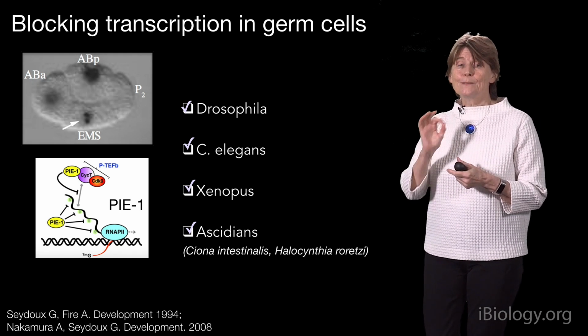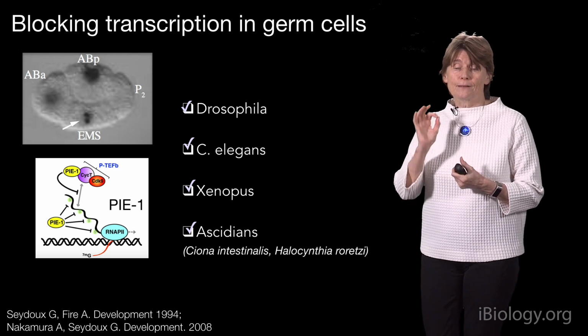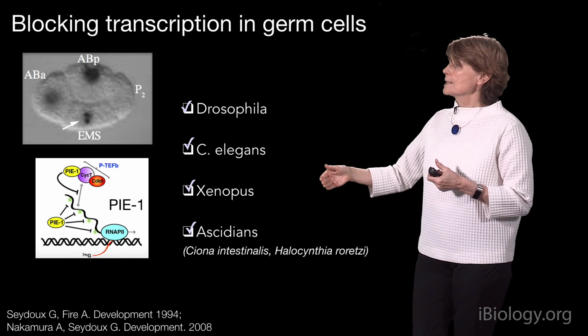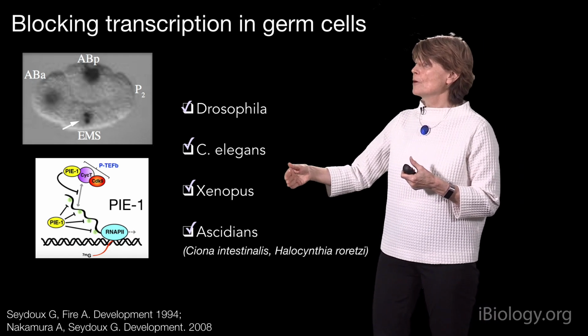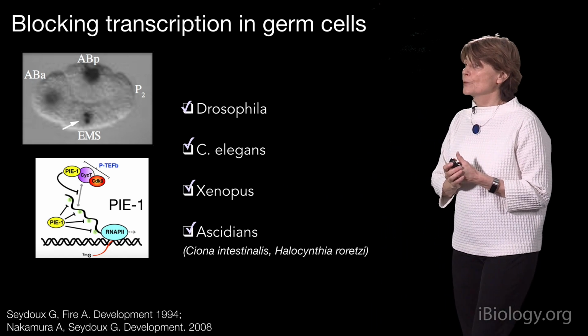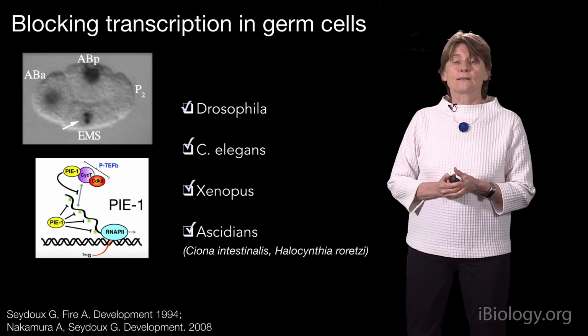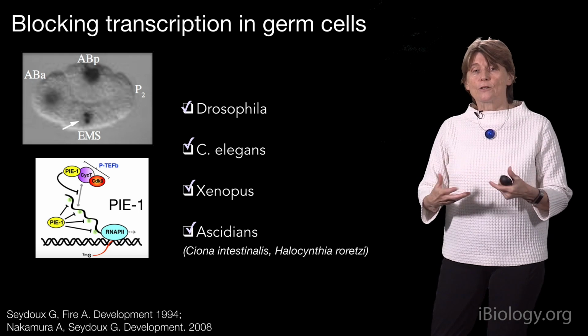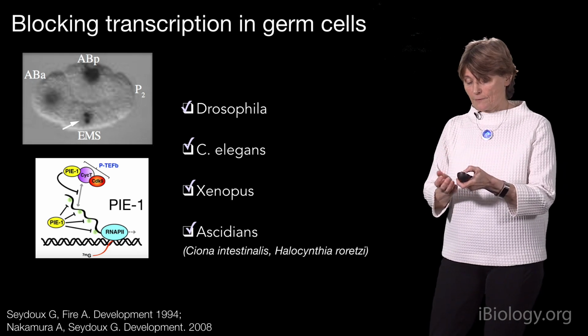So using an antibody to those residues, which I showed you, that was the red staining in the earlier slides, it's now been shown for a number of other organisms like Xenopus and also in ascidians that the same is occurring during early onset of germ cell specification.